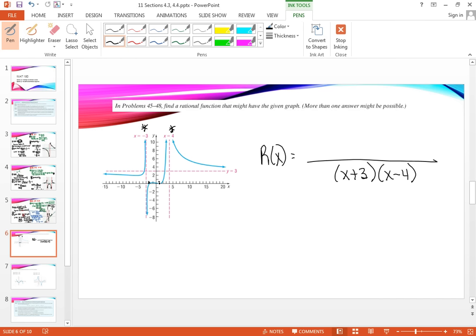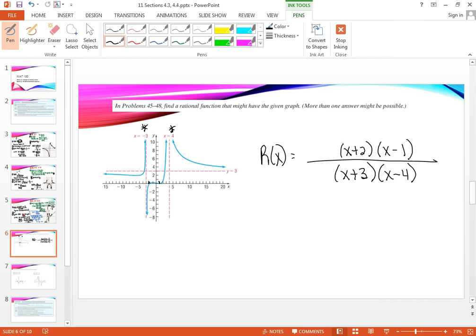So same kind of idea. If -2 is an x-intercept, that means it's a place where the graph equals 0, so it's a factor of the numerator. The x-intercept of -2 comes from the factor x plus 2. The x-intercept 1 comes from the factor x minus 1. Okay.